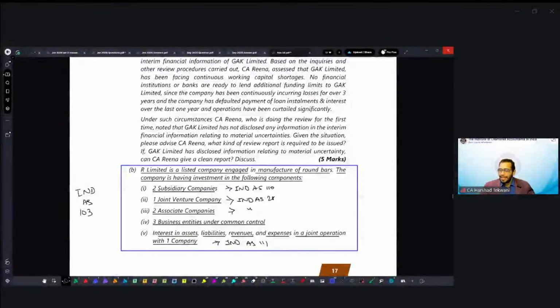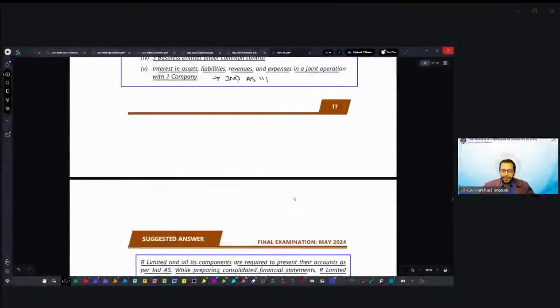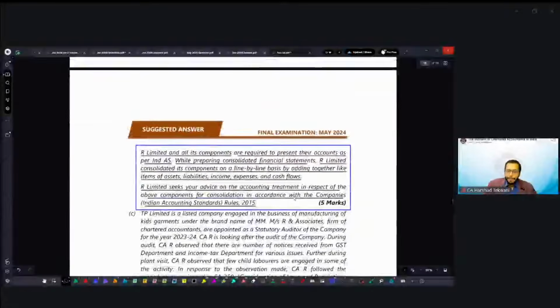You need to understand how much non-controlling interest is there, how much goodwill is there, and accordingly you need to account for it. So the line by line consolidation, which is given in this question, that while preparing consolidated financial statements, a parent will consolidate its components on a line by line basis by adding together like items, is incorrect.